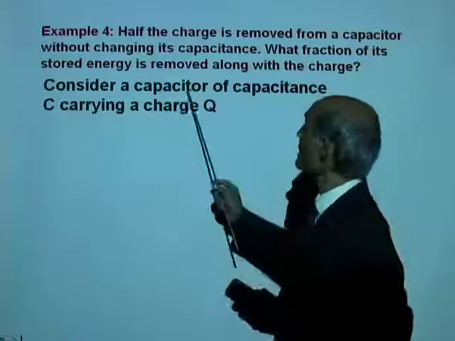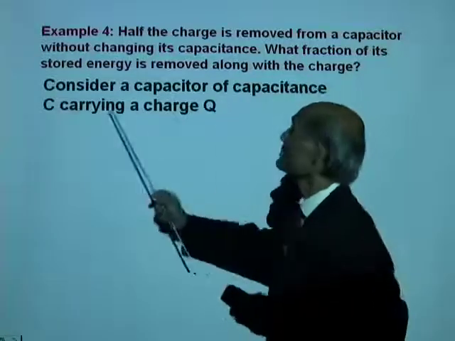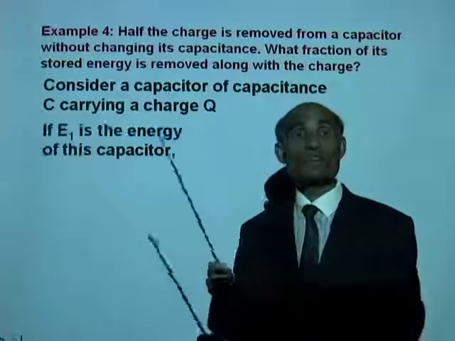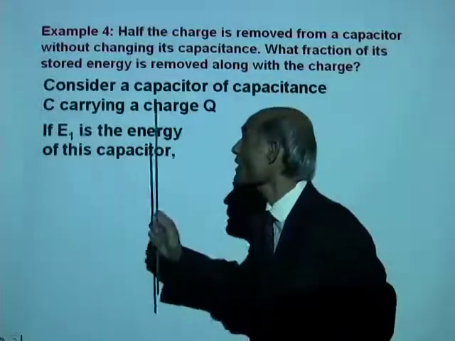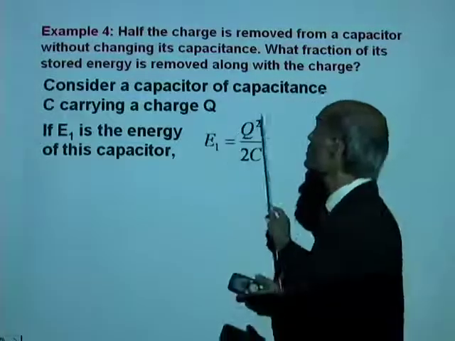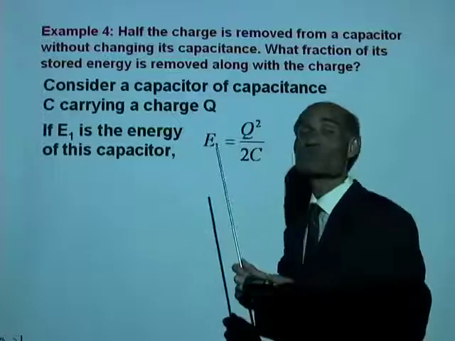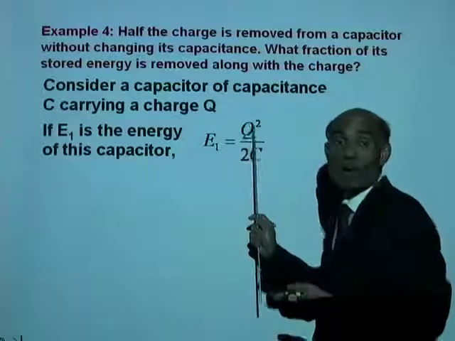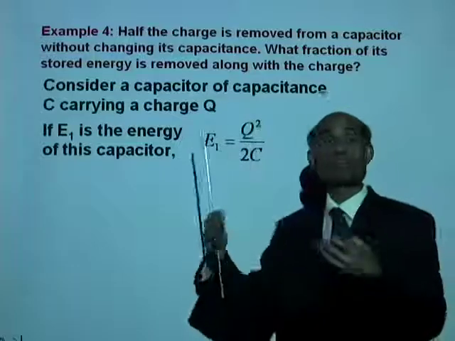Alright, let's consider a capacitor of capacitance C carrying a charge Q. What is the energy E1 of that capacitor? E1 equals Q squared over 2C. And now what is done? Half of this charge is removed.